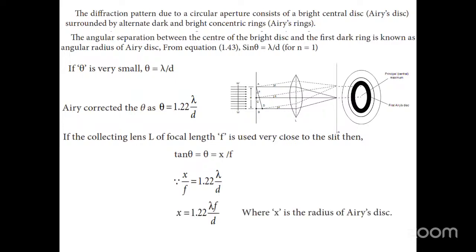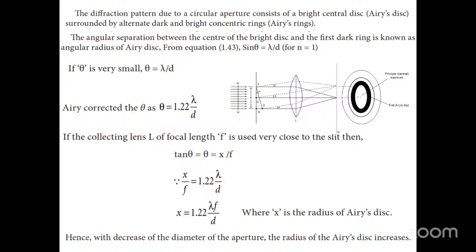At a distance x the point is there; if you want to calculate the radius of the Airy disk, x, that value becomes 1.22 lambda into f by d, where f is the focal length and small d is the slit width. Like that, you can easily calculate this value. This may be asked as a short question.